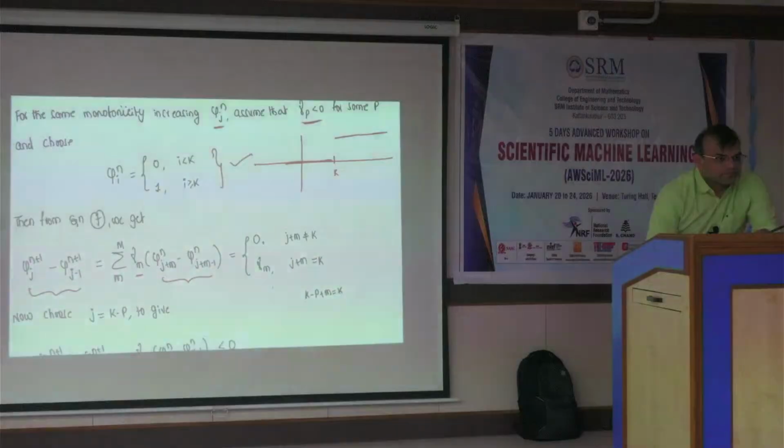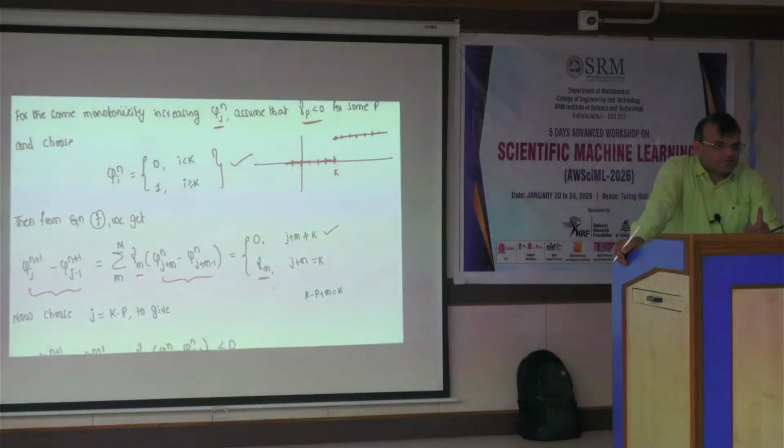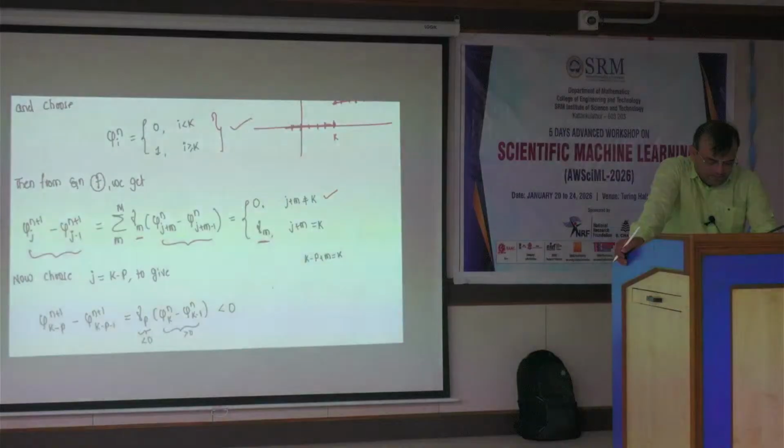When you take the difference of all these values, all are going to be 0 except at this point. It will survive only at j plus m, which is not equal to k. So all the values are 0, and it will be only gamma m, which is 1 minus 0 at one particular position, giving gamma m.